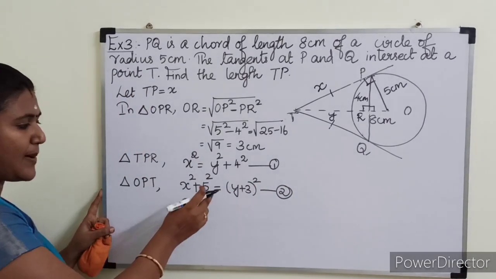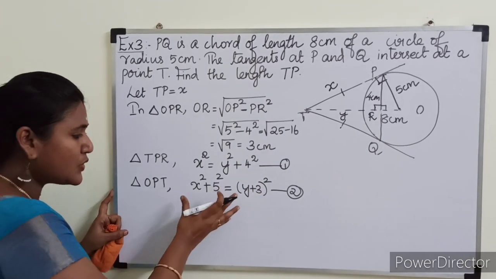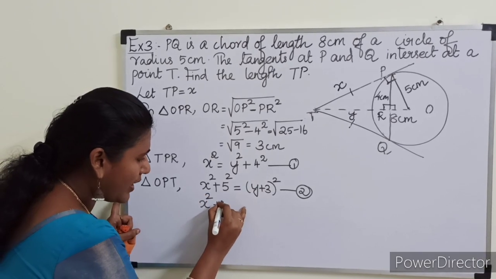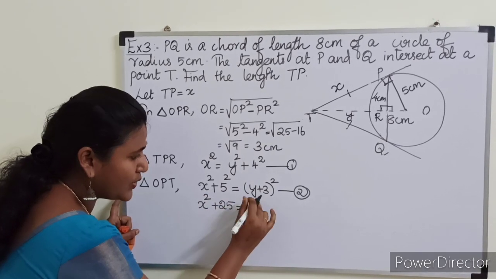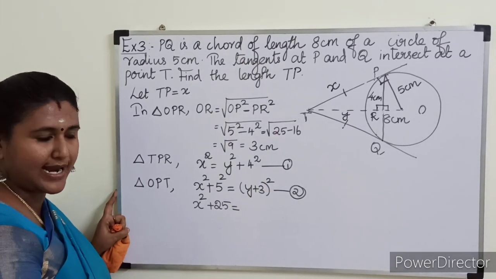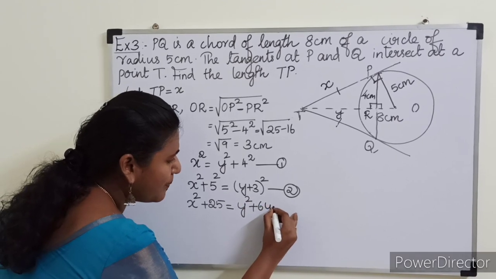Now we have to subtract the first equation from the second equation. First we simplify the second equation: x square plus 25 is equal to, expanding using the a plus b whole square identity, y square plus 6y plus 9.